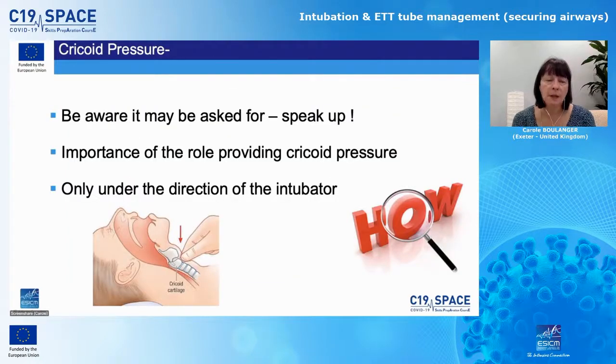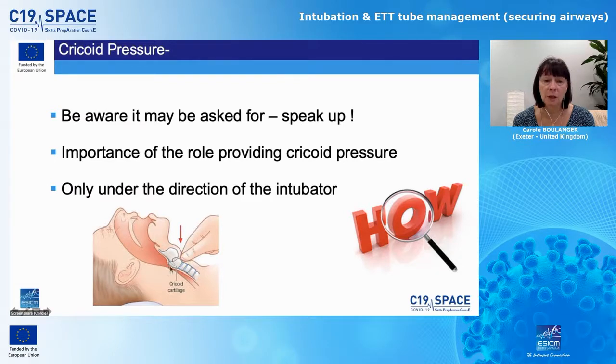Cricoid pressure, this is something that causes some anxiety, and basically what this means is, as you can see in the diagram here, this is the airway assistant possibly, and you may be asked to do this, but speak up if you've never done this before. Ask the intubator or the team leader to illustrate to you exactly where you need to be providing cricoid pressure, cricoid cartilage.